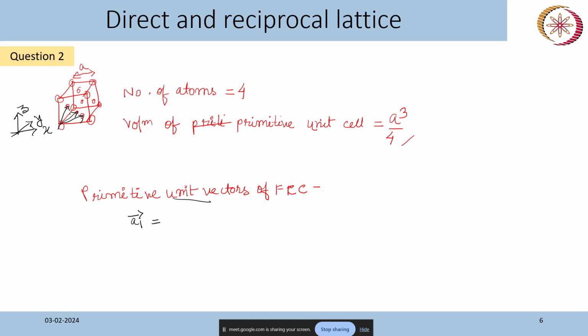Y will be A by 2 and Z will be A by 2. So the vector will be A by 2 (y cap plus z cap). Similarly, you can write A2 and A3.